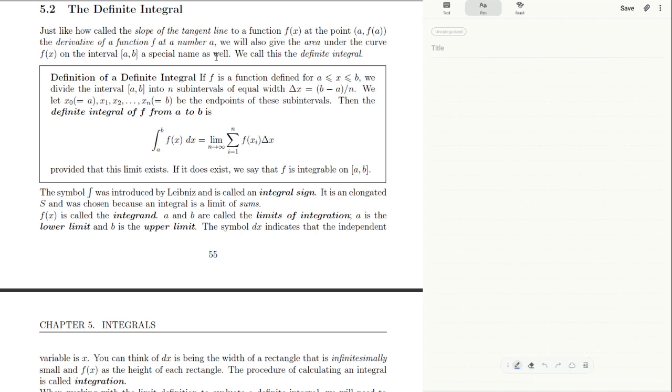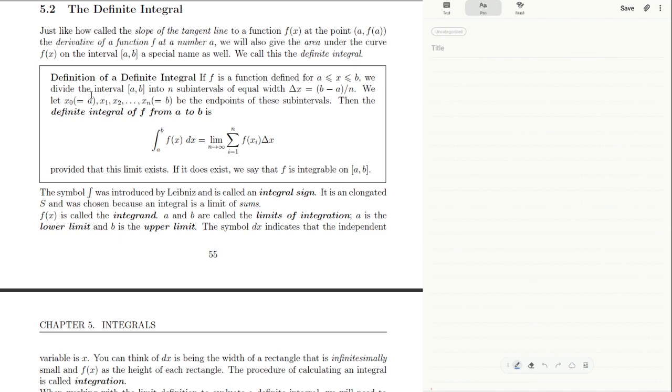And the definite integral is defined as follows. Suppose that f is a function that's defined on the closed interval from a to b, and we subdivide the interval into n subintervals of equal width delta x, which is given by (b minus a) over n.